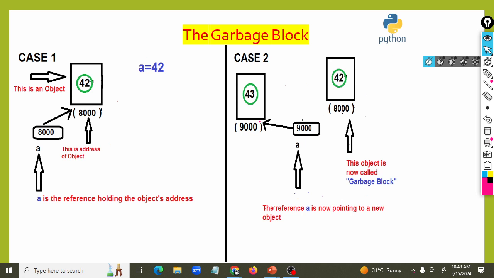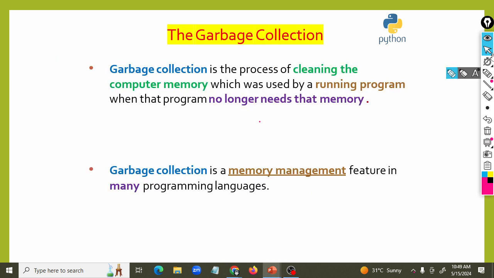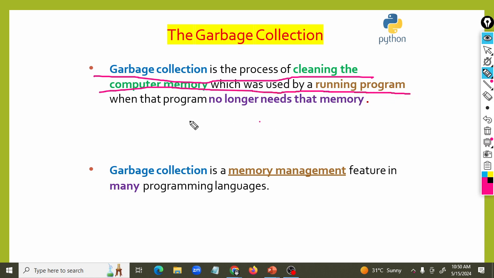Okay, next, what is garbage collection? Garbage block means previous values without any reference. Next, garbage collection is the process of cleaning the computer memory which was used by a running program when that program no longer needs that memory. What is meant by that?